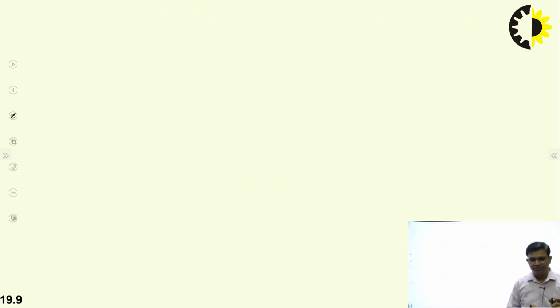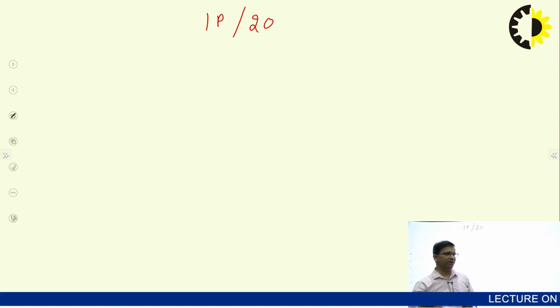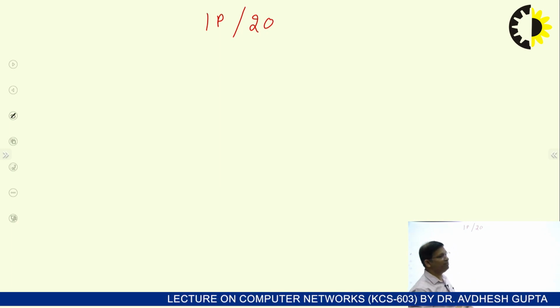Now I am giving any IP address with subnet mask /20. It means the first 20 bits are 1 and the rest of the bits are treated for the host. And now I am asking how many hosts can we have if we keep the subnet mask as /20.